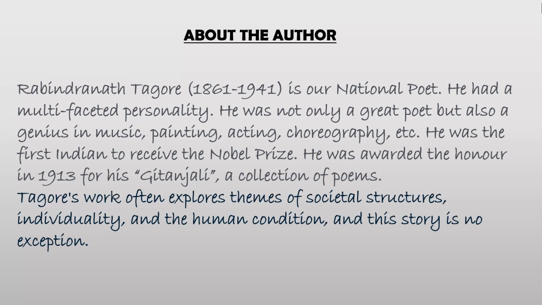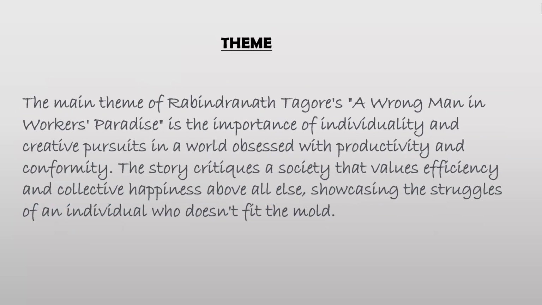So let's check out. The main theme of the chapter A Wrong Man in Workers' Paradise is the importance of individuality and creative pursuits in a world obsessed with productivity and conformity. The story critiques a society that values efficiency and collective happiness above all else, showcasing the struggles of an individual who does not fit the mold.